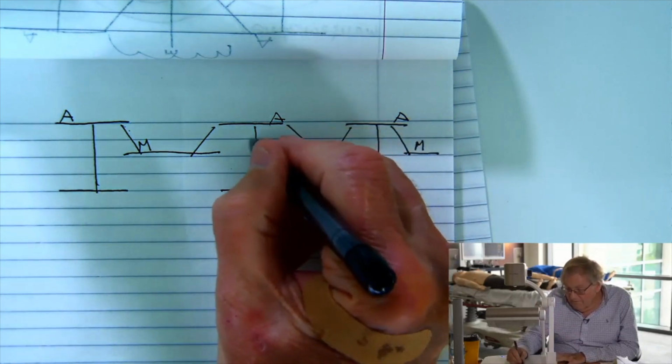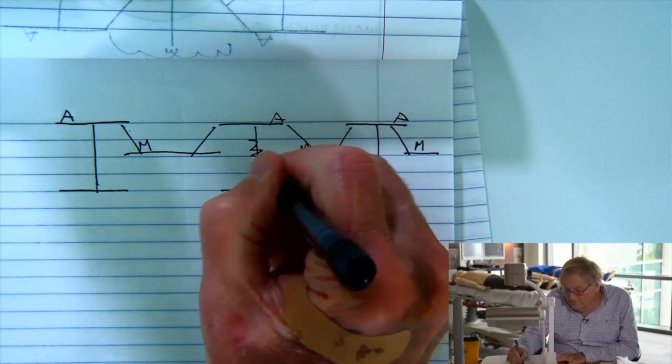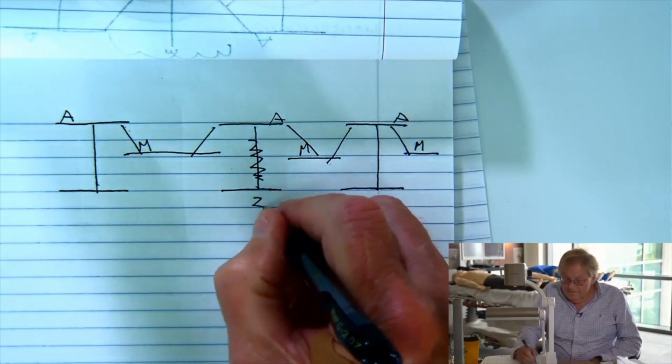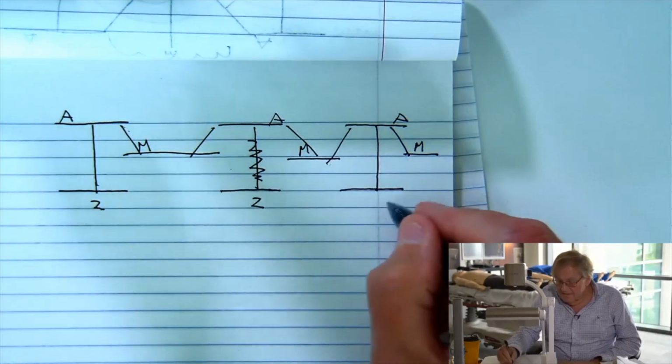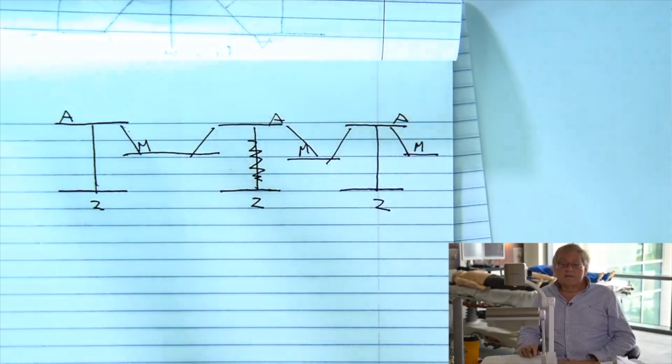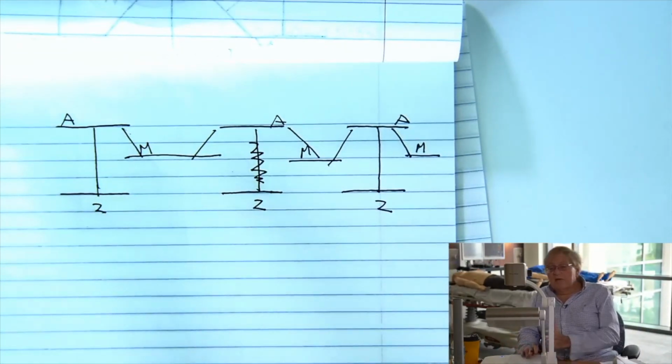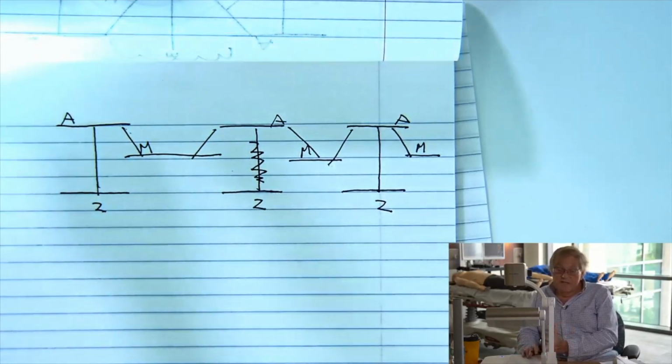So therefore, if I put a squiggly line over the top of this Z line here, here's a Z, there's a Z, there's a Z. I don't see it over the top of every Z line. I only see it between adjacent cells.